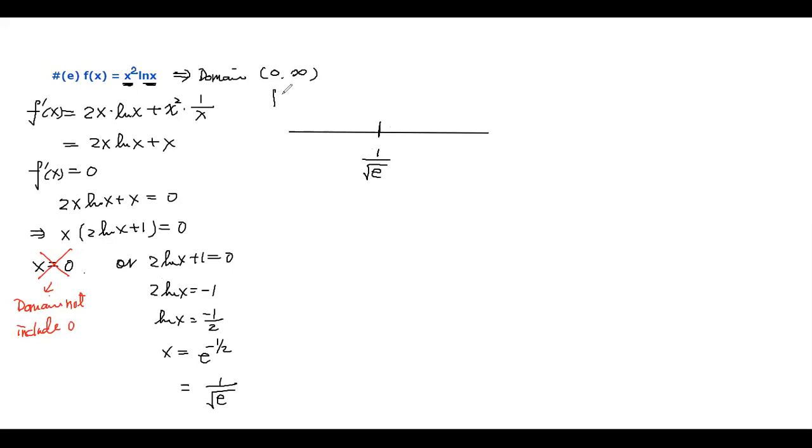So on the number line, this is 1 over the square root of e. Then you put your f prime x here. The f prime x is x times 2 natural log x plus 1. Okay, so now let's take a look at anything less than 1 over the square root of e.